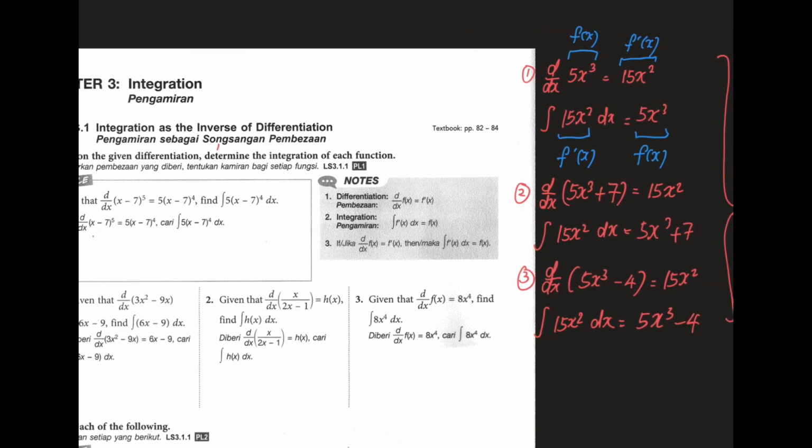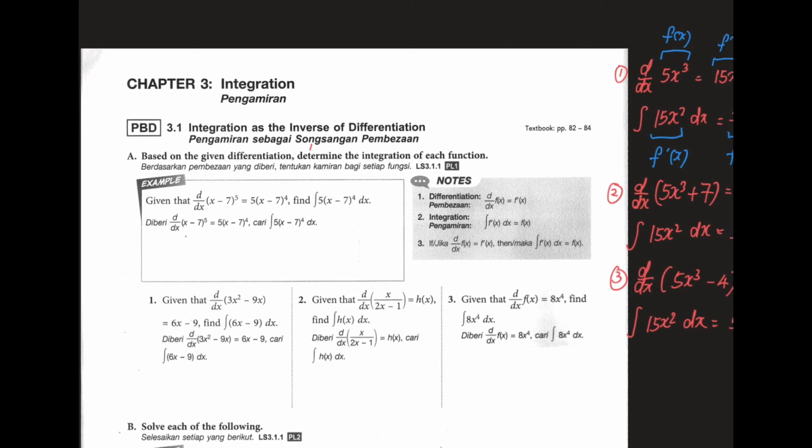Let's see the example over here. In this example, given the differentiation of (x minus 7) to the power of 5, we use the chain rule where the power 5 is brought in front, so that's why the 5 is here.